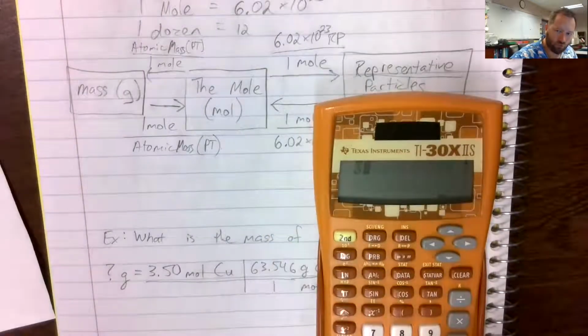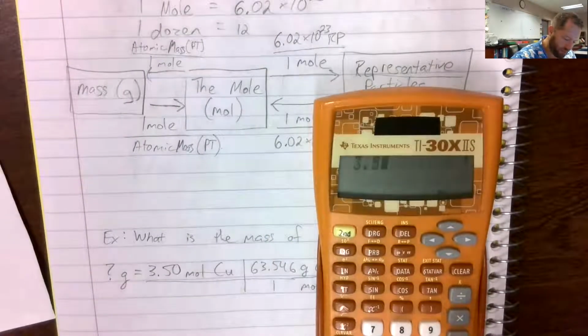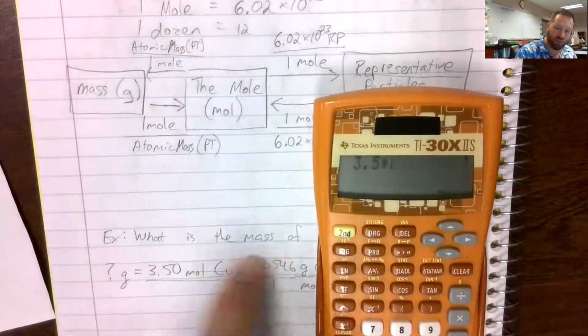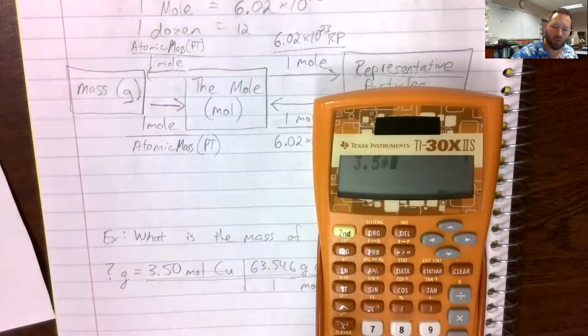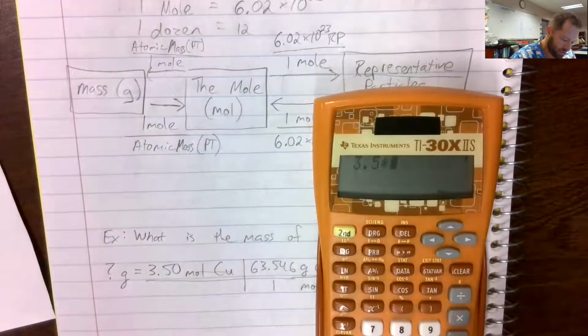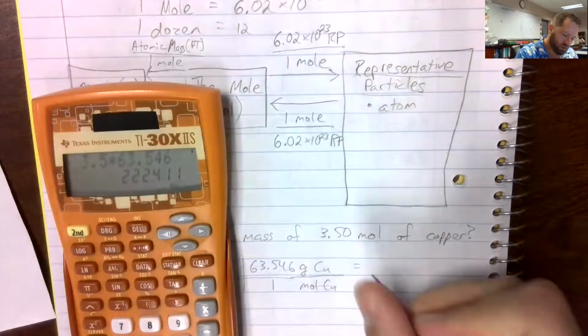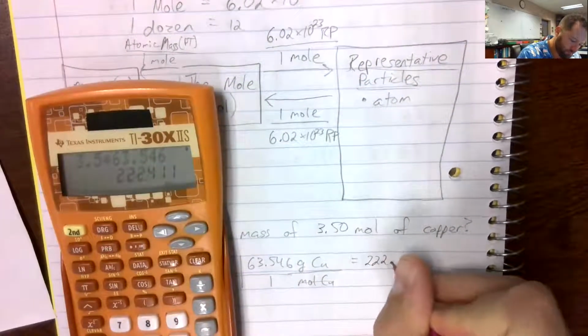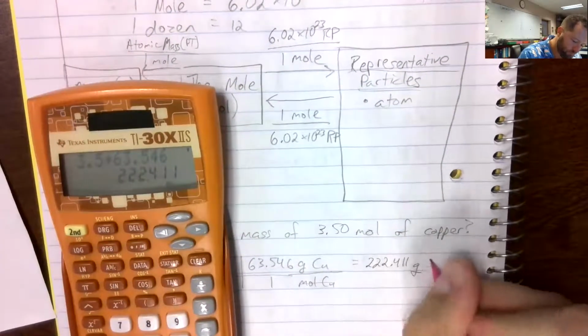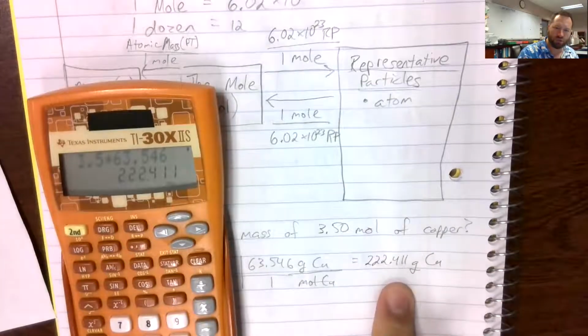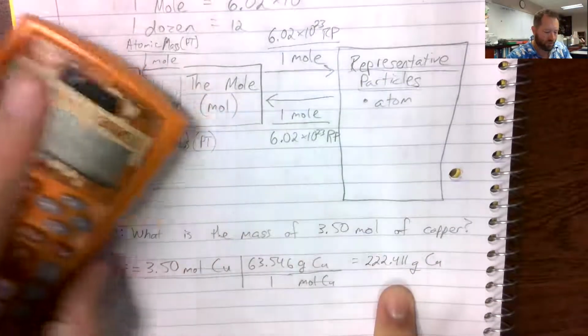That's a little bit of crunching of the numbers. Multiply the numbers on top, divide by the numbers on the bottom, we can ignore the ones. So 3.5 times 63.546 gives grams of copper.